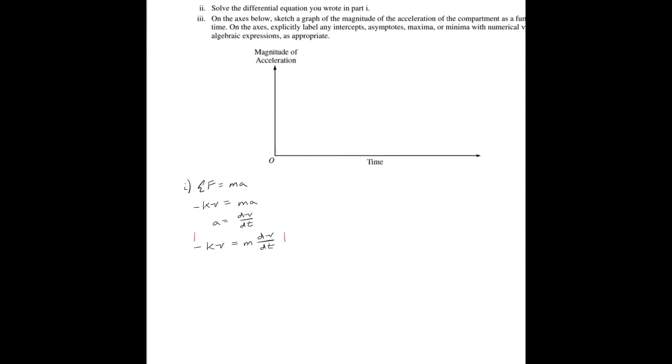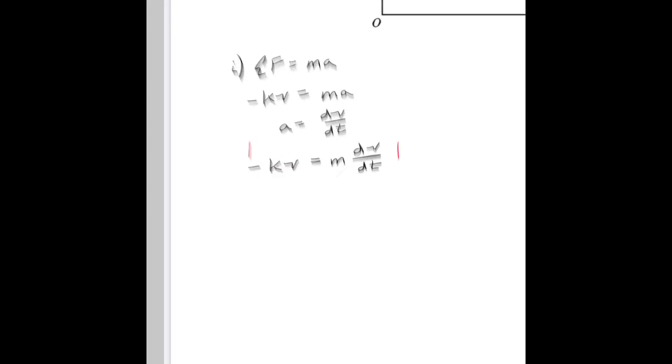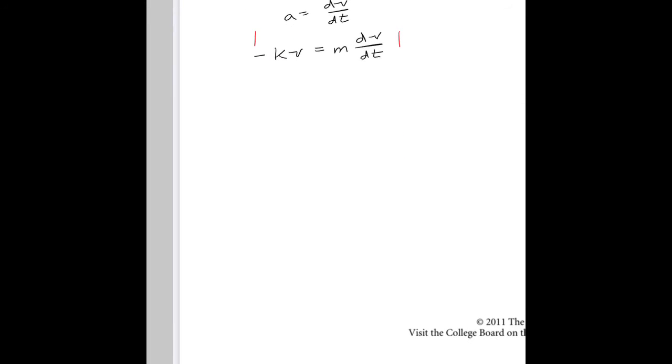Make your life easy. Part 2, though, says to solve that differential equation because they're so mean. So let's go ahead and solve that differential. All right. So we got negative kV is equal to m dv dt. Okay. First thing we want to do, we want to separate these variables because we want to get v with dv. Okay.